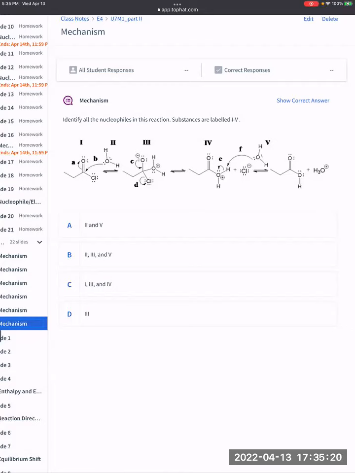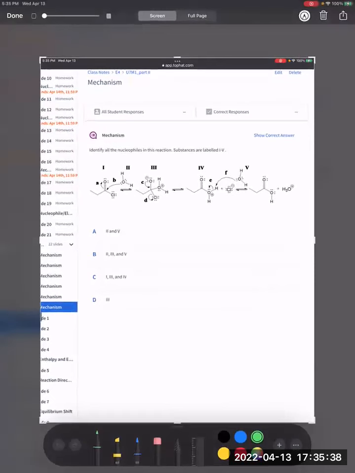Okay, so you can see in the first step, the water molecule here is using its electrons on oxygen to attack the electron deficient carbon here. Okay, so electron deficient carbon, because we know that carbon should have a partial positive charge, and then oxygen is partially negative, and therefore this water molecule over here is acting as a nucleophile.